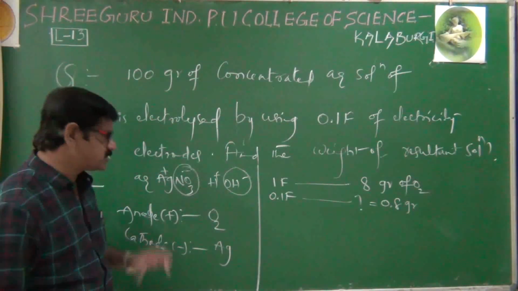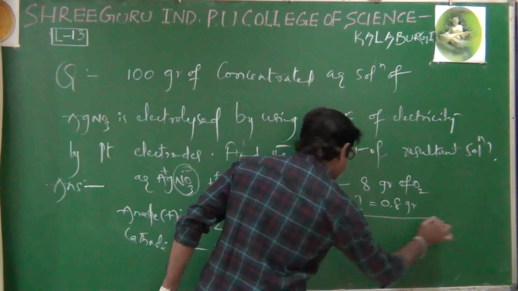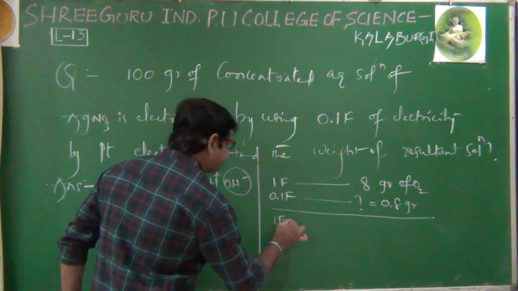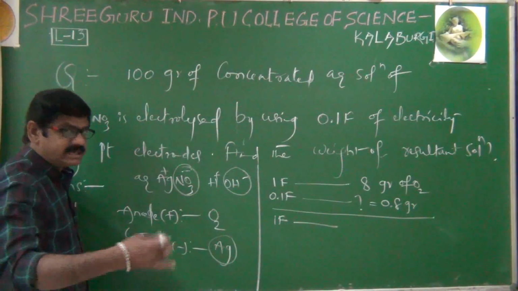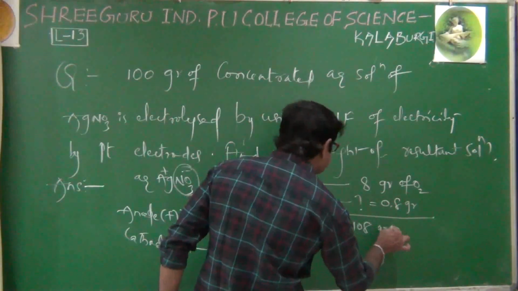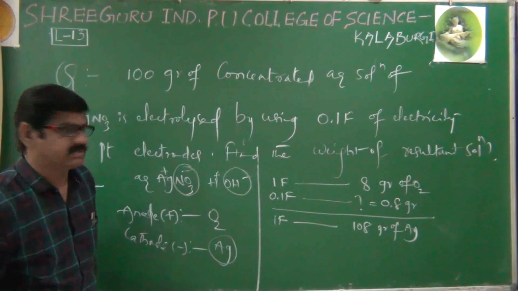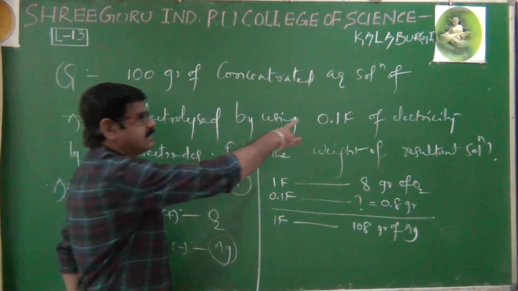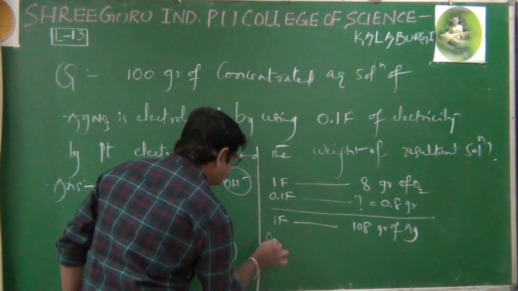Next we'll go to the cathode. Same concept. If 1 Faraday of current is sent, how much silver will be deposited? Its equivalent mass, the equivalent mass of silver is 108, so 108 grams of silver will be deposited. It is fixed. But again in the question, he has not sent 1 Faraday. He is sending only 0.1 Faraday.